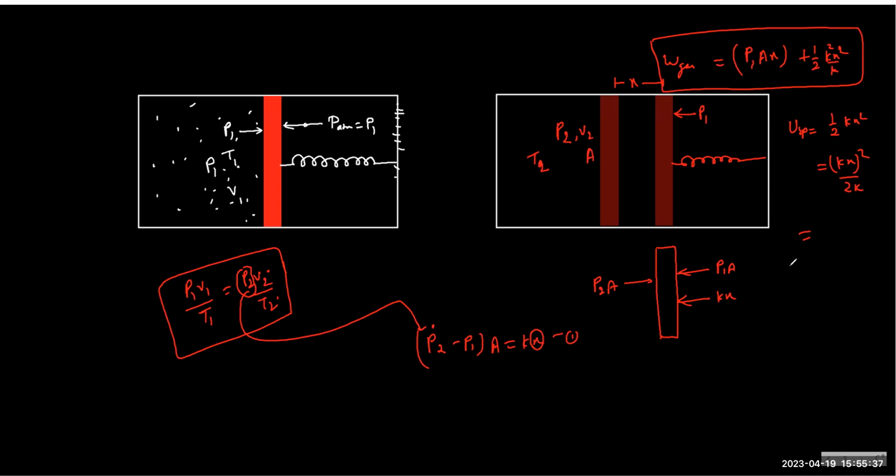Understood? So you have to write everything this way. Go through each option, get the new P2, put it here, and substitute. Something should be given. How to get K? Maybe K gets cancelled out.